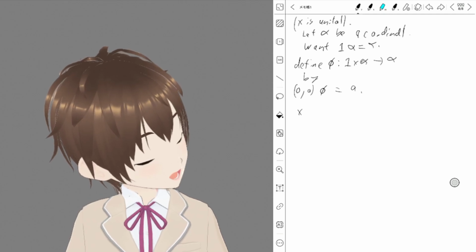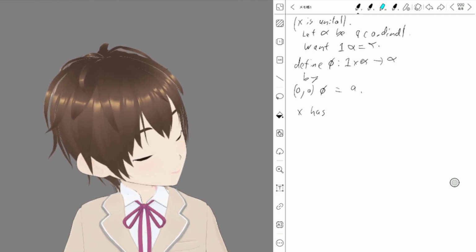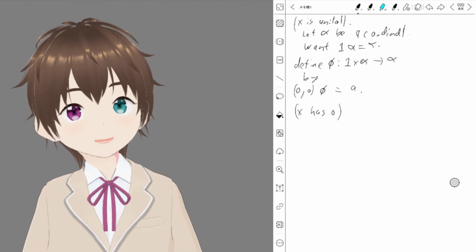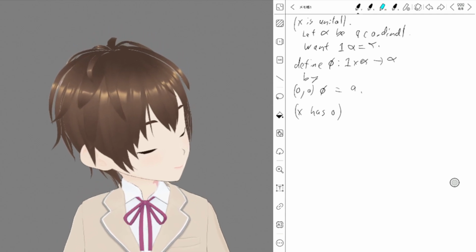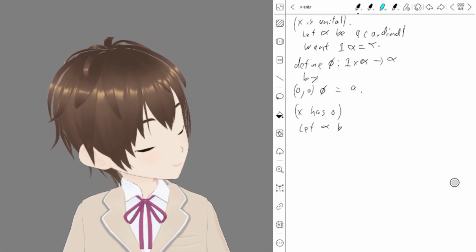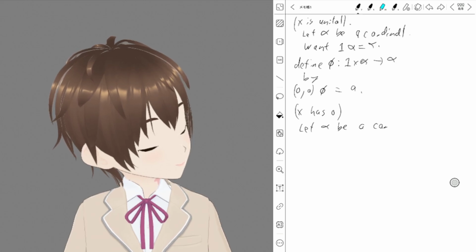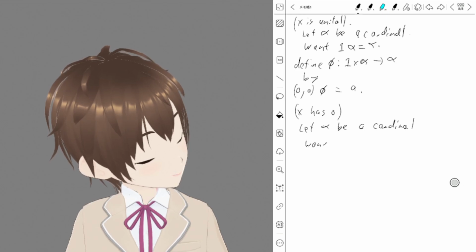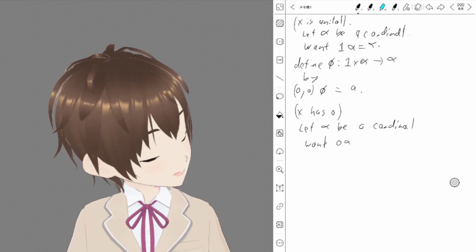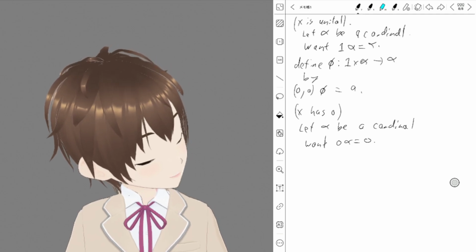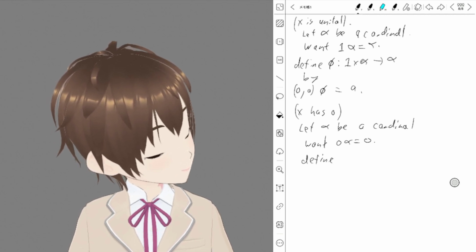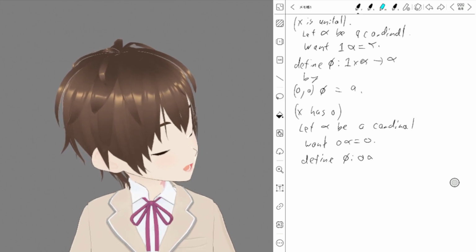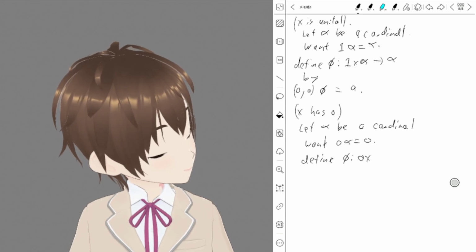So next I do times has 0. So like 0 is sort of an absorber. It absorbs things. 0 times anything is 0, as we're familiar with. So let alpha be a cardinal. Want 0 times alpha to be equal to 0. So define a bijection from 0 times alpha to 0.